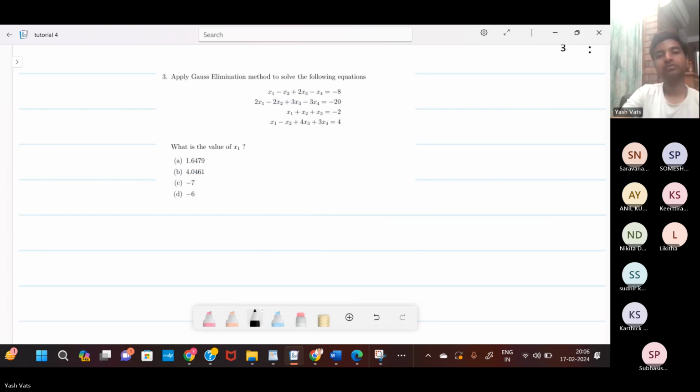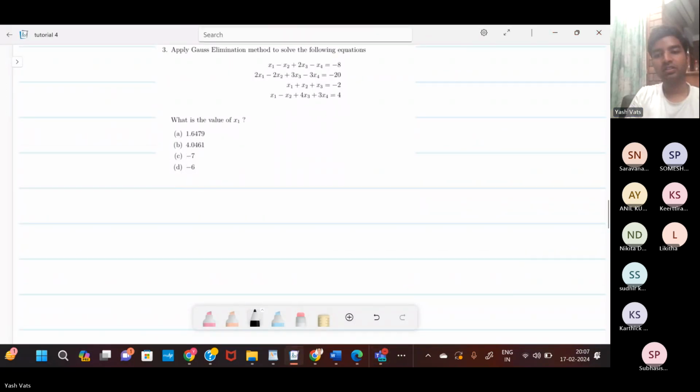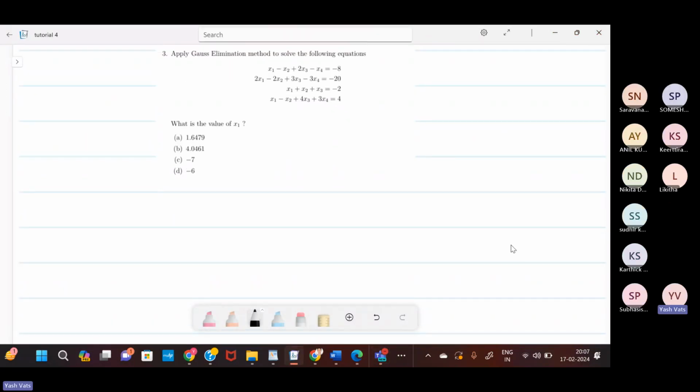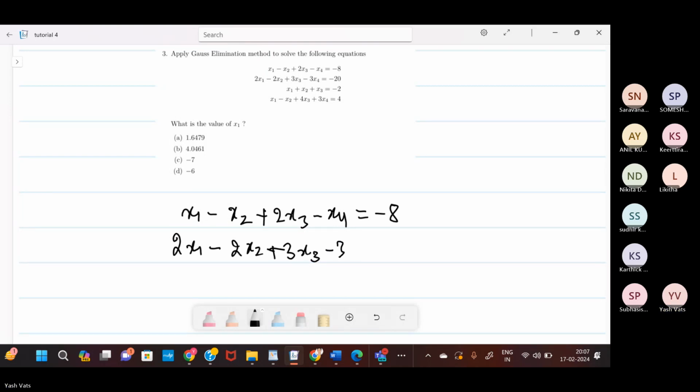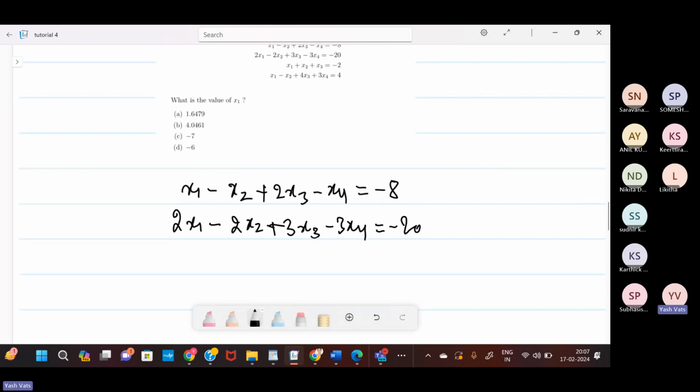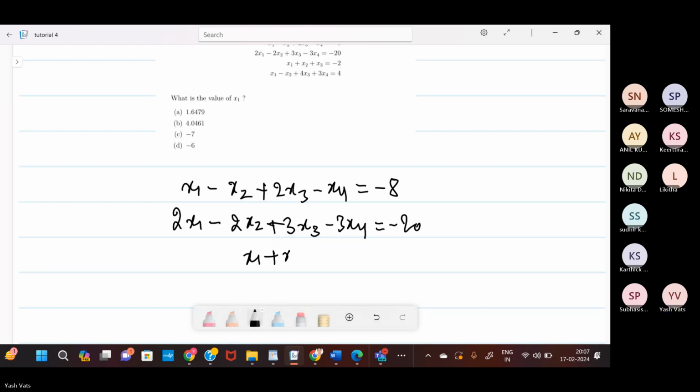Yes, so we have the system x1 minus x2 plus 2x3 minus x4 is minus 8. 2x1 minus 2x2 plus 3x3.